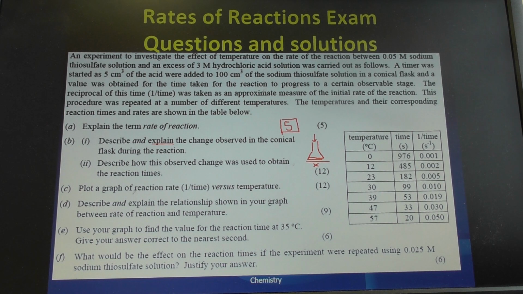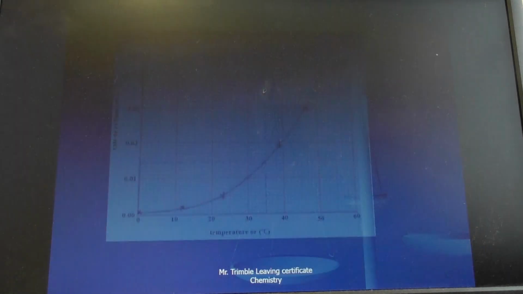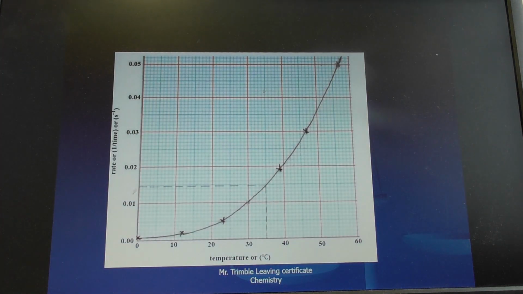Plot the graph of 1 over time. So we could have a look at that. That's essentially what this looks like, 1 over time, and there you have the reaction. You have temperature, this was taken at, let's say, 11 or 12 degrees, and then you would have another at 23.